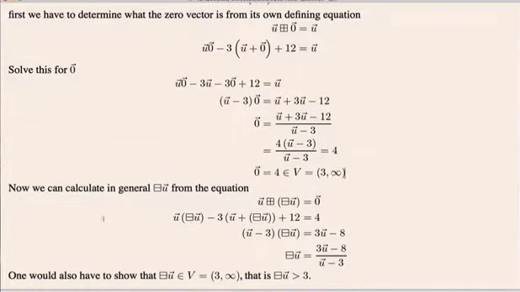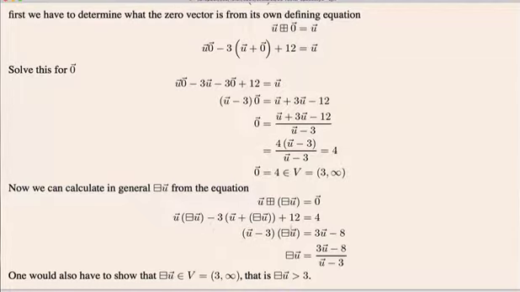So once we have the 0 vector, we can calculate the additive inverse in general from the equation that u box plus box minus u is supposed to be equal to the 0 vector. Again, the idea is that we write out these operations and we substitute what the 0 vector is. It's 4.